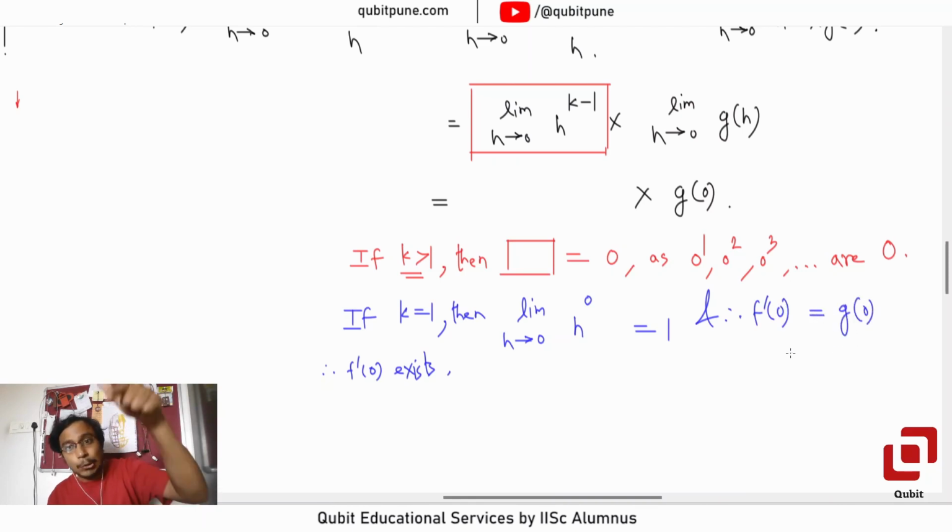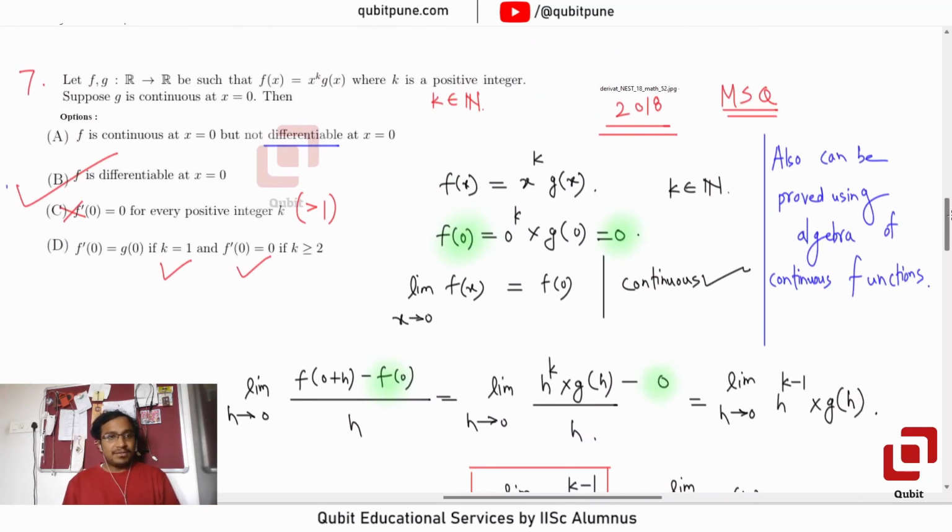So when k equals 1, the derivative is g of 0, but when k is greater than 1, it is 0. More importantly, f dash of 0 exists. So B is true and D is true, but not C. And A is also not right because it is differentiable.